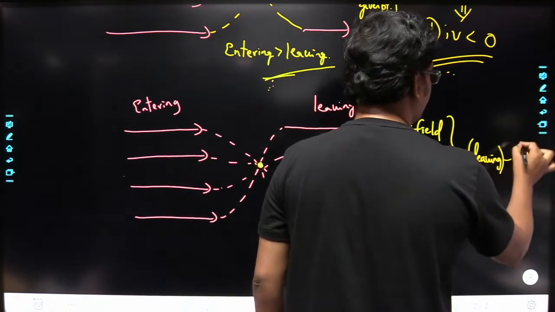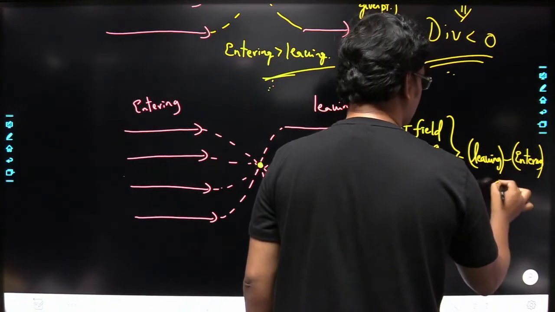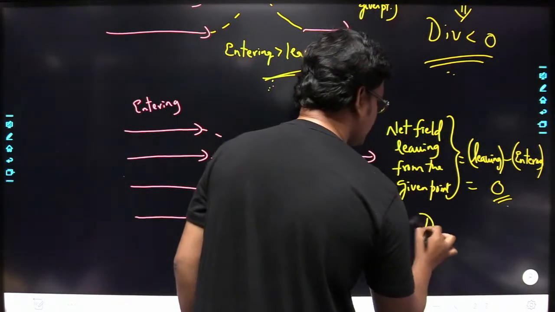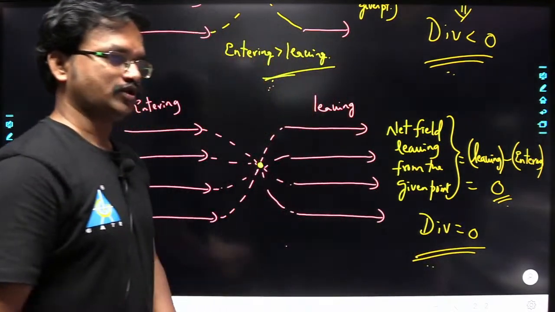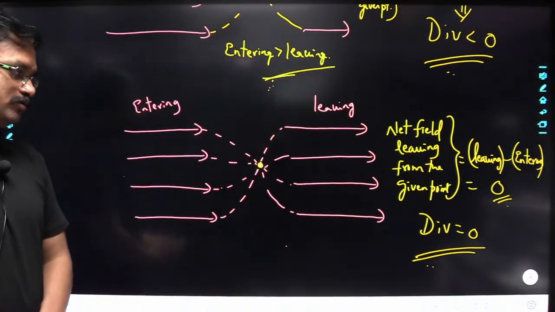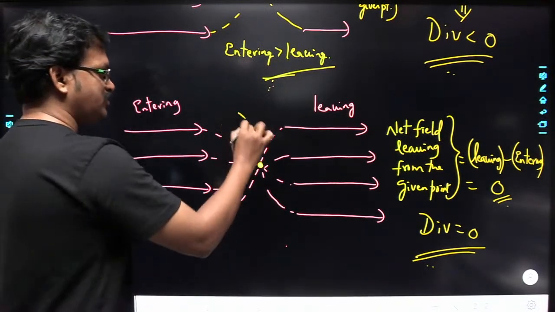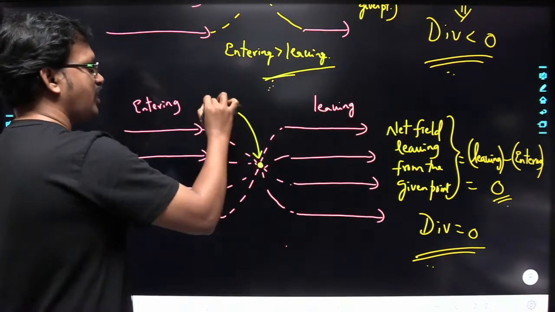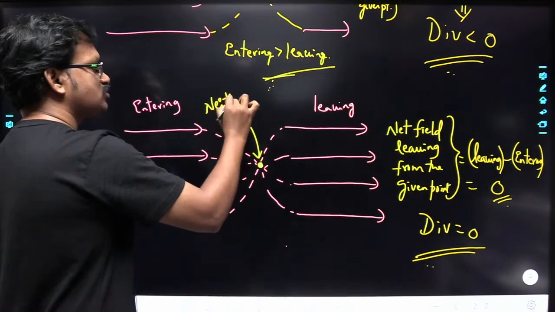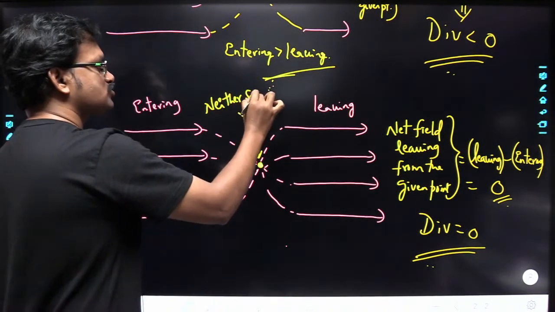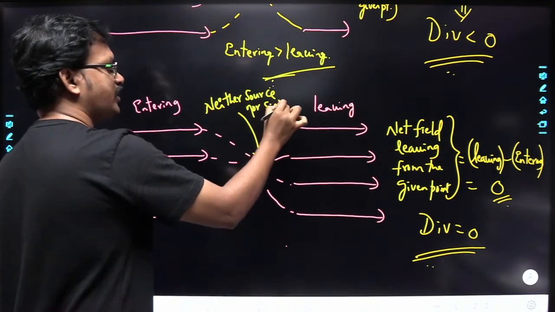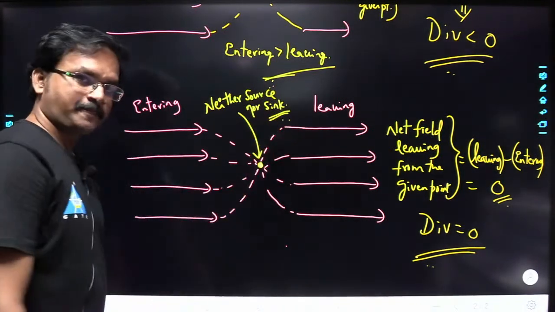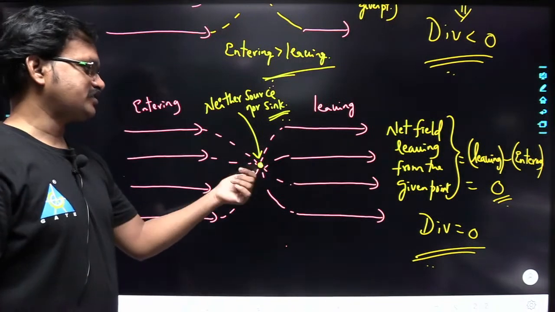Leaving is the same as entering, so you will get 0. That means in this case divergence is equal to 0. Divergence is equal to 0. Right? Okay. So that means at this location, neither source nor sink will exist at this point here.